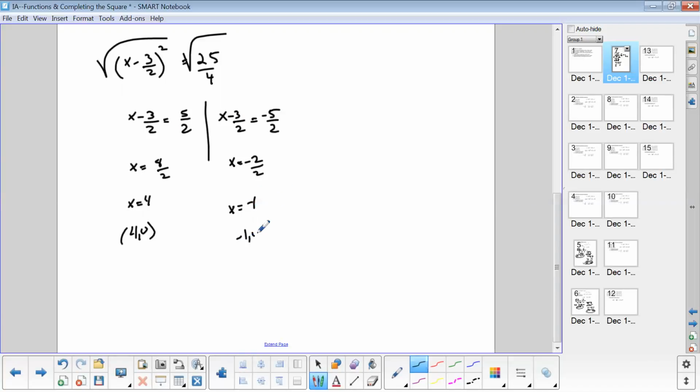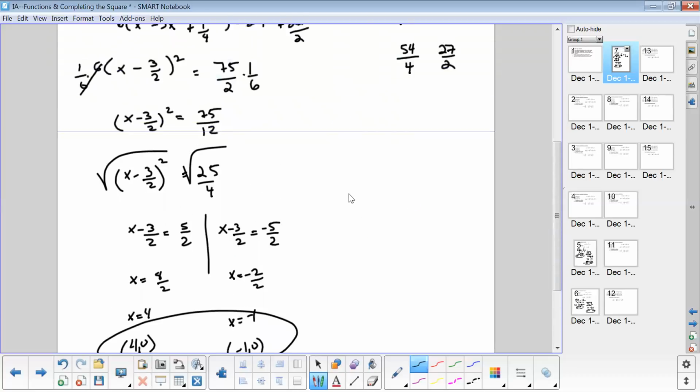And so negative 1 comma 0 would be the other solution for that quadratic when completing the square.